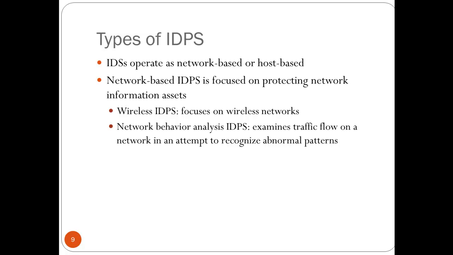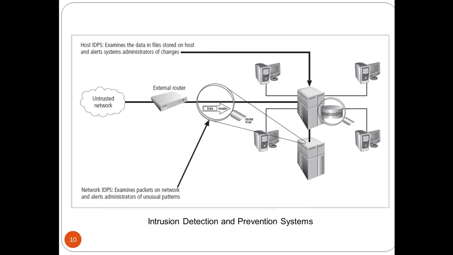A host-based version is focused on protecting a particular server and the information that is hosted on that server. And then application-based models work on one or more host systems that may support a single application, oriented to defend that specific application from specific forms of attack. So those are the three basic kinds that we'll talk about.